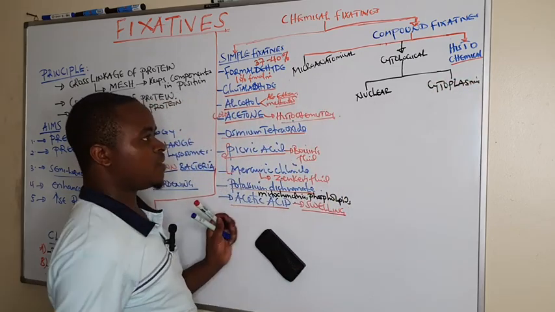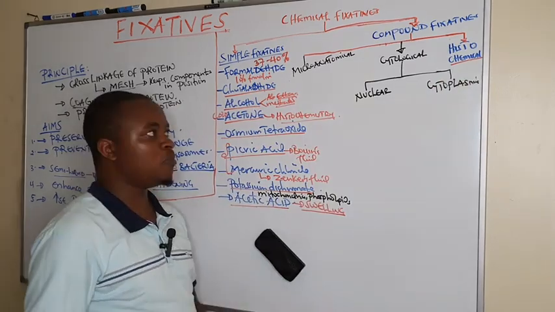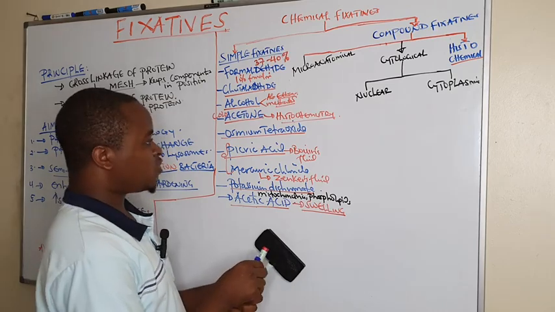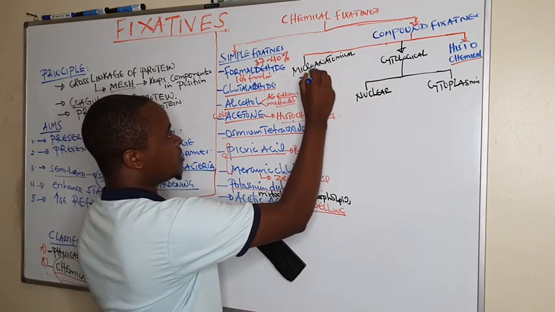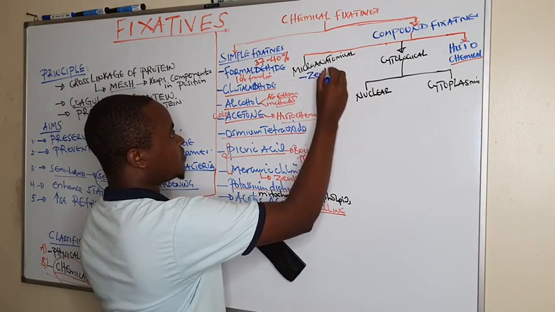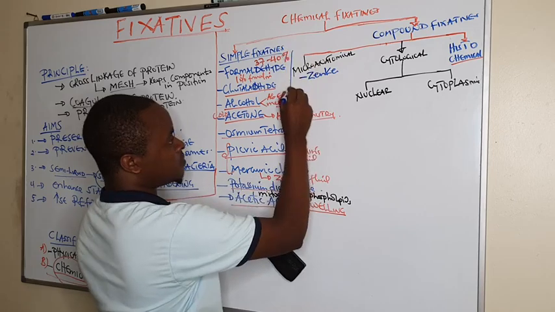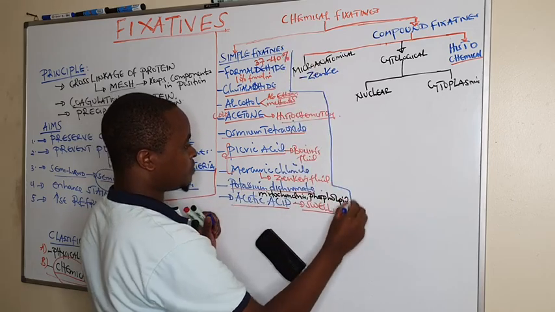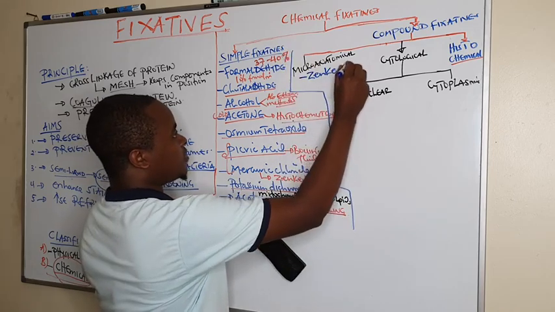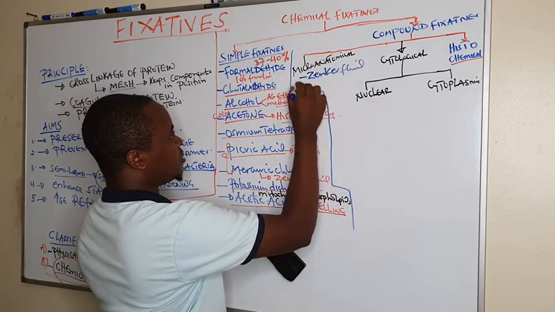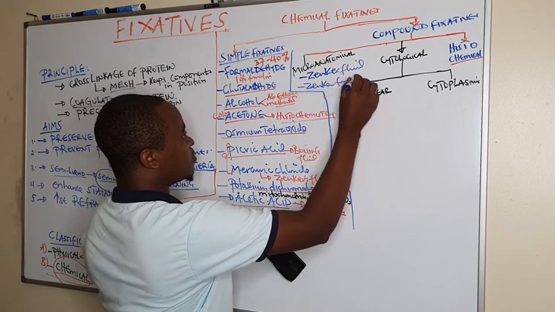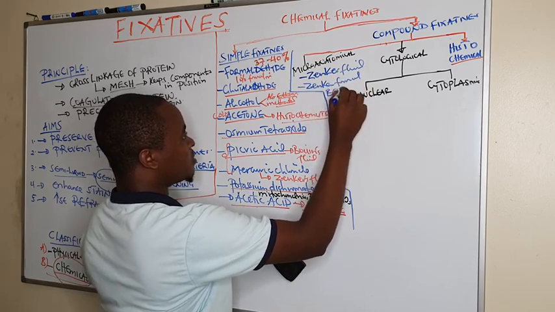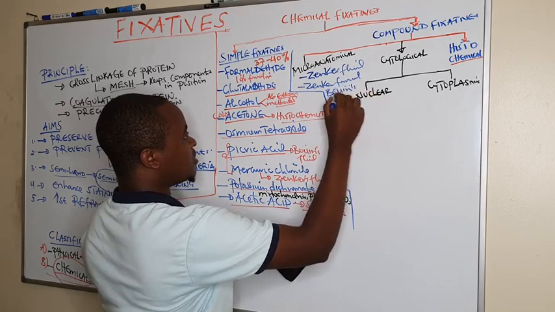Here I'm going to list them, then we shall expound them as we move on. So under microanatomic fixatives, we shall see examples like Zenker's fluid, Zenker's formal, Bouin's fluid.